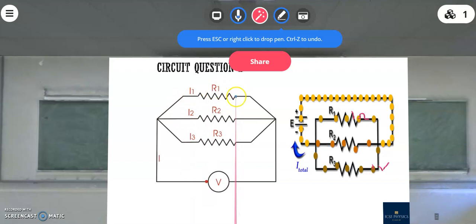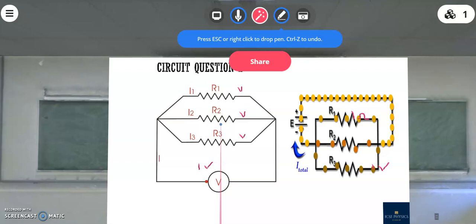The voltage flowing here is the same, the voltage flowing here is the same, that is V here, the same V is here, and the same V flows here. Let's say the V here is 1 volt, and resistors R1, R2 and R3 are all 1 ohm each, and the voltage here is 1 volt.